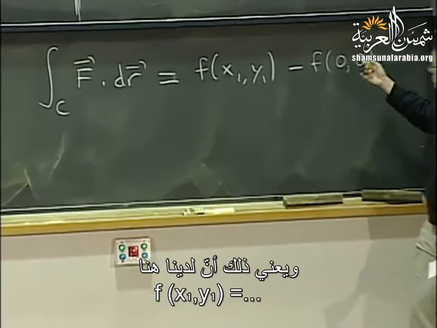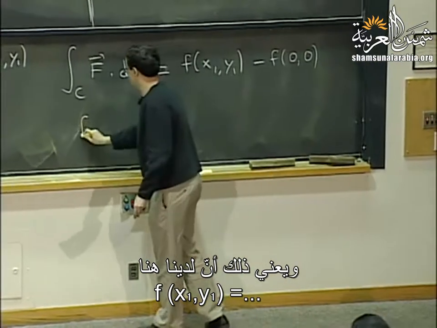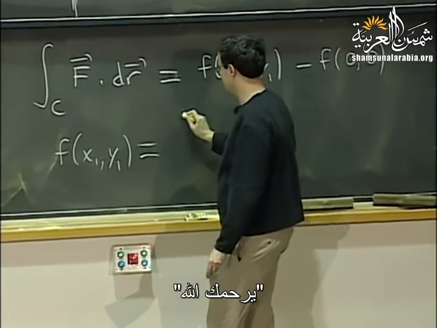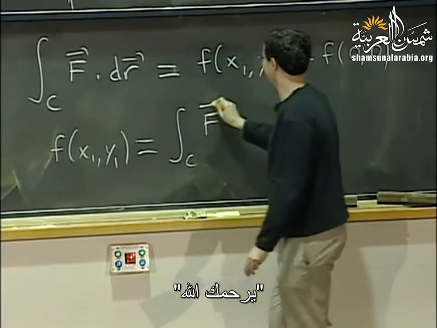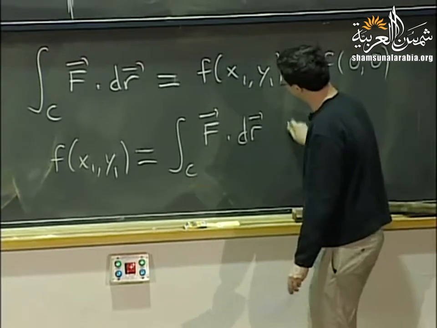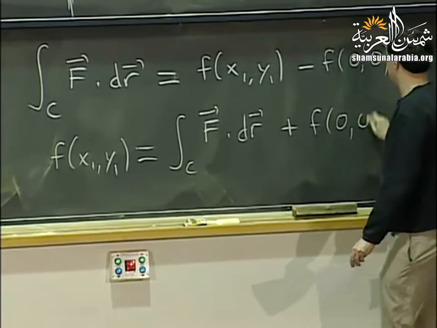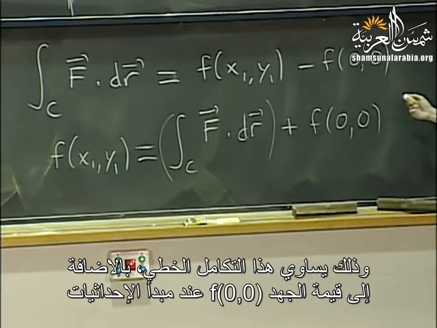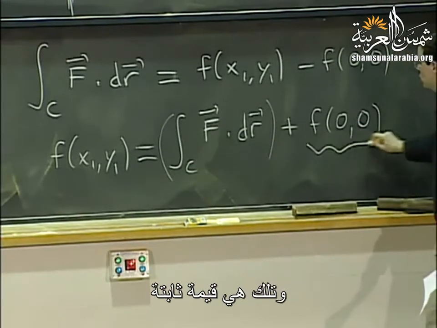Well, so that means I can actually write f of x1, y1 equals that line integral plus the value at the origin, and that's just a constant.